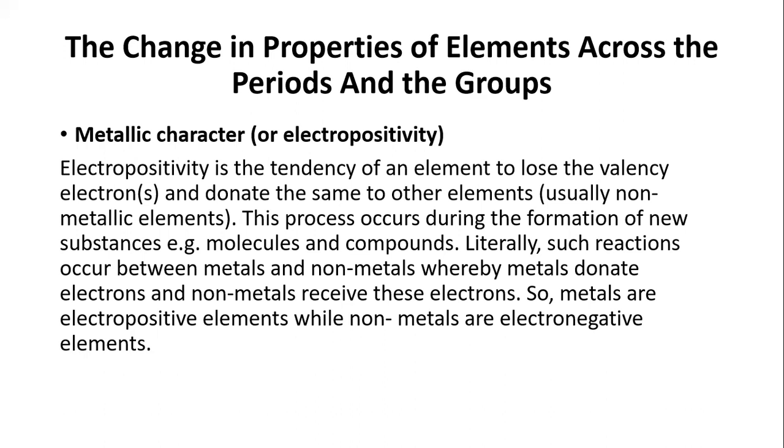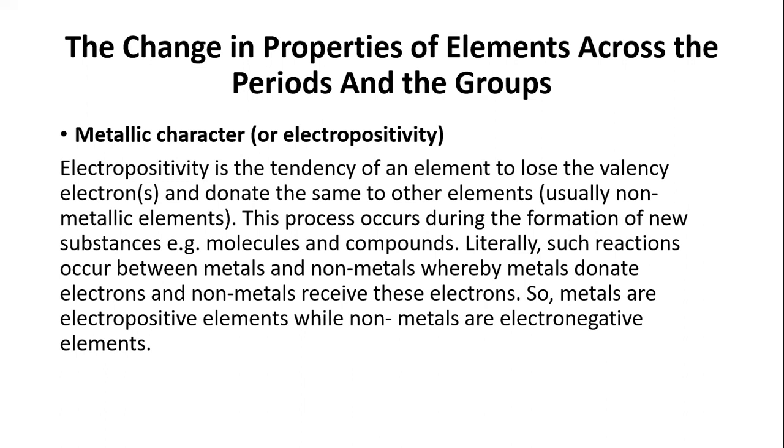Such reactions occur between the metals and the non-metals, whereby the metals donate the electrons, and the non-metals receive these electrons. So the metals are the electropositive elements. This means that they are the ones that give away the electrons, while the non-metals are electronegative elements.